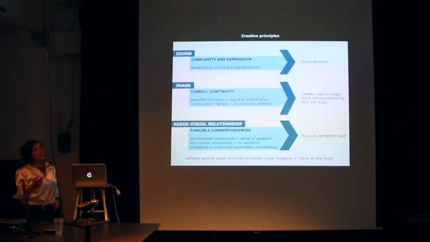The image could interfere with the sound if there wasn't for the principle which I called the principle of visual continuity. So the image exhibits no disruptive changes so that it does not attract automatic attention, and all the visual dynamics apply Gestaltist principles, which convey cognitive simplification.